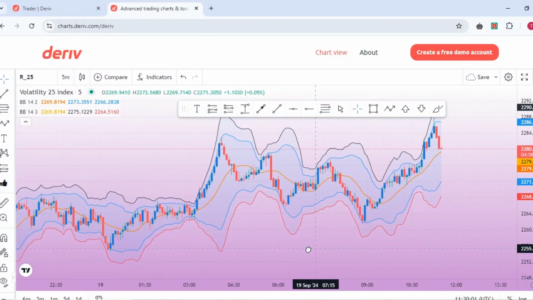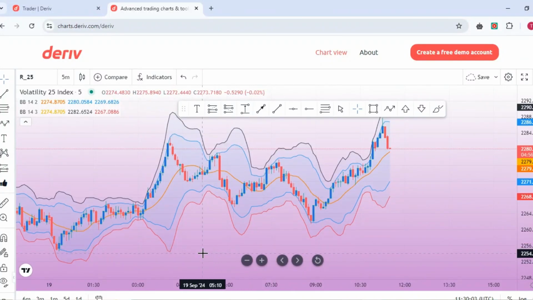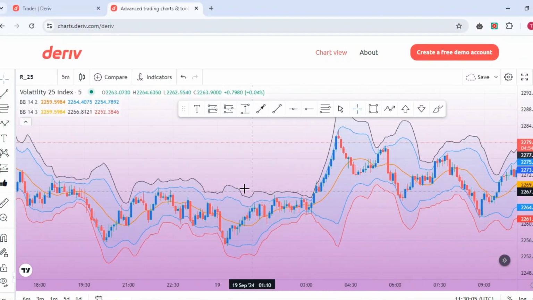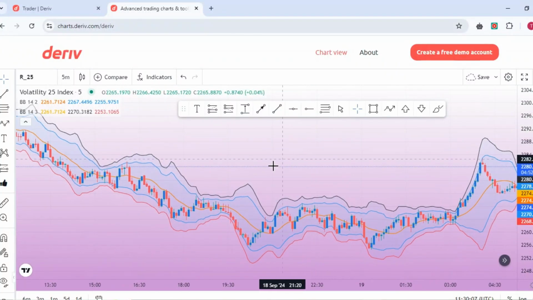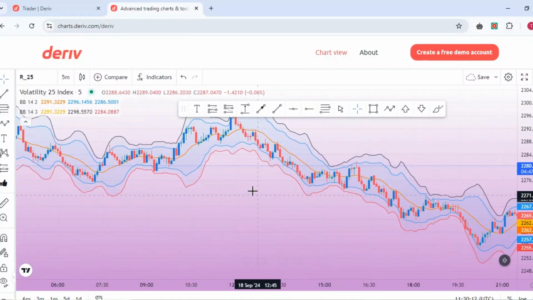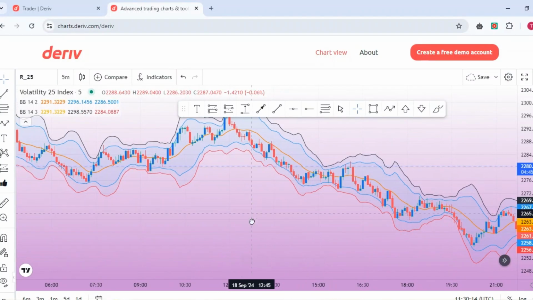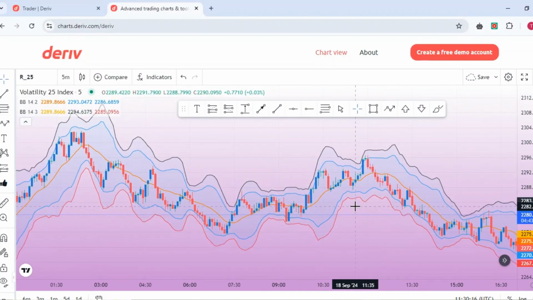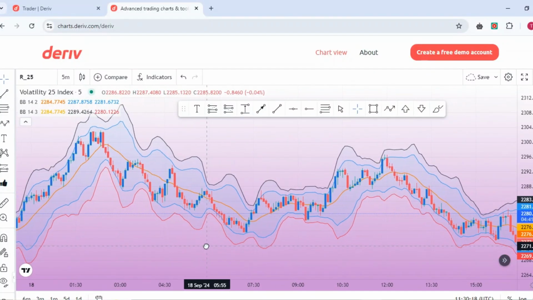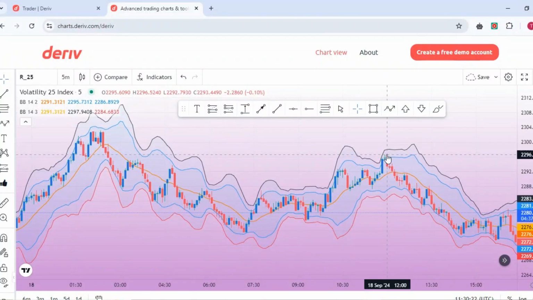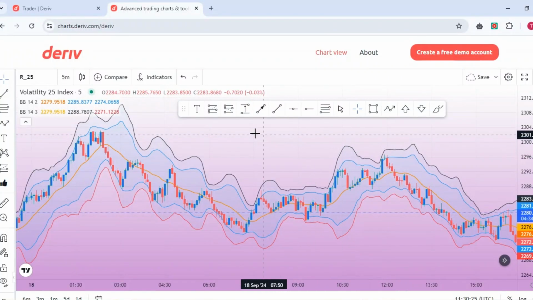So what would you consider for the other part? There is something I want you to note. Assuming you have entered a trade and you have recognized that the tip has touched, let's look for one like this one, where the tip has touched above. As a good trader, where do you enter?